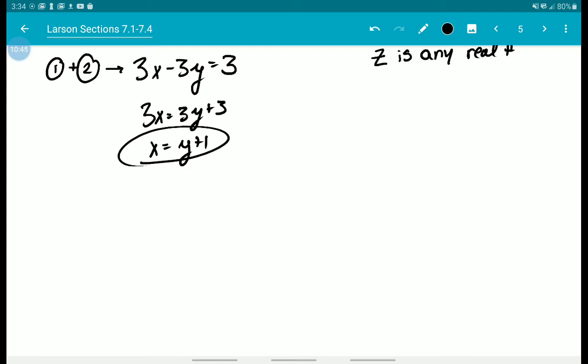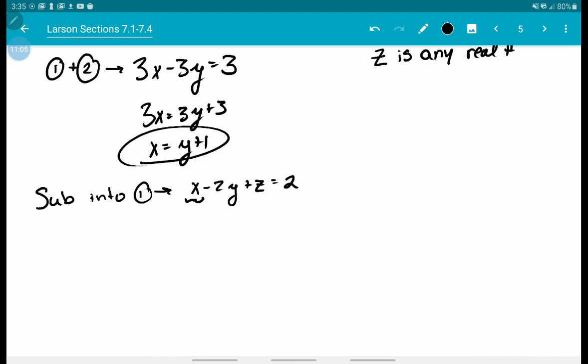Now we're going to take this information and do a substitution. Let's substitute into that first equation. It doesn't matter which one we substitute into; I'm just going to choose the first. That first equation was x minus 2y plus z is equal to 2.